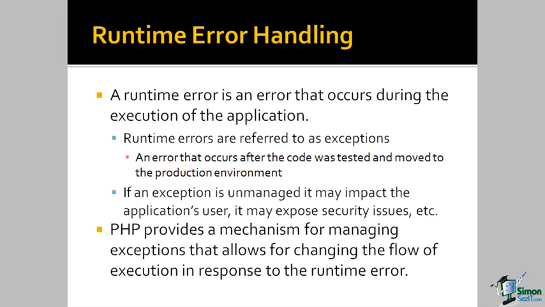In PHP, we refer to these types of runtime errors as exceptions, and PHP allows us to manage these exceptional circumstances by changing the flow of execution of our application in response to these errors.